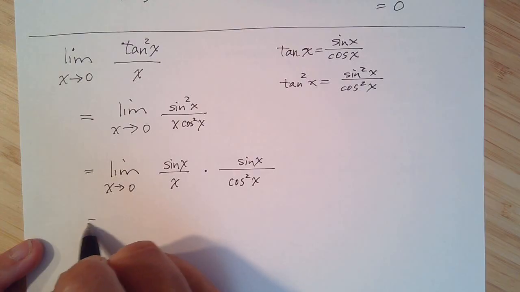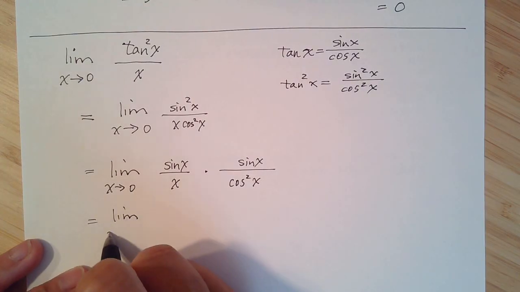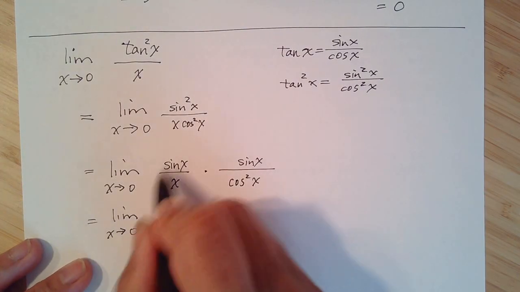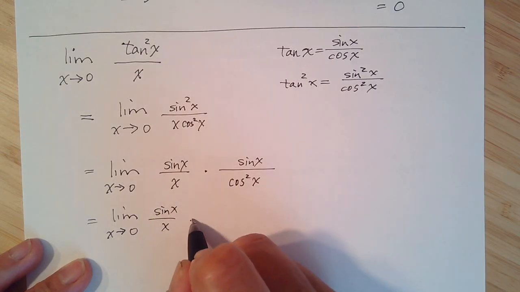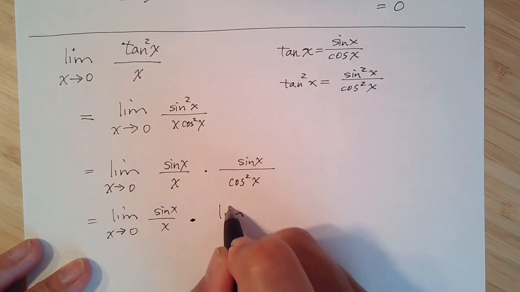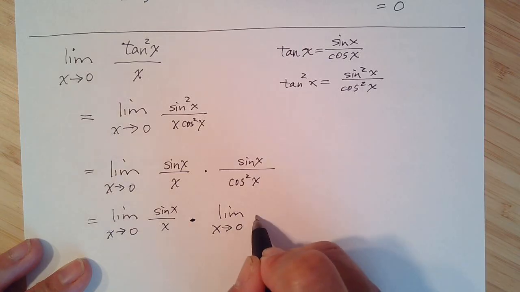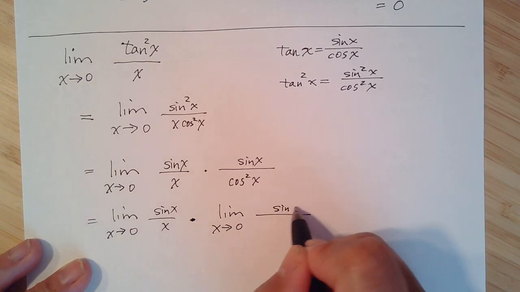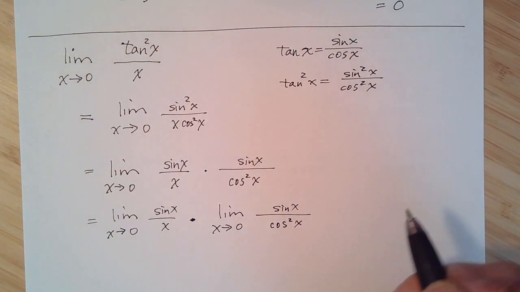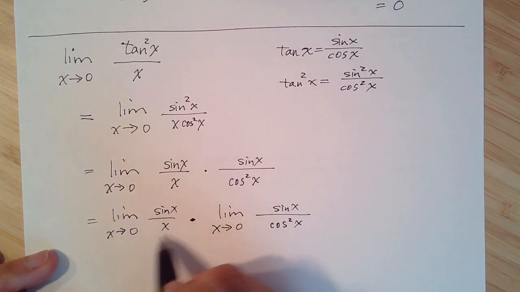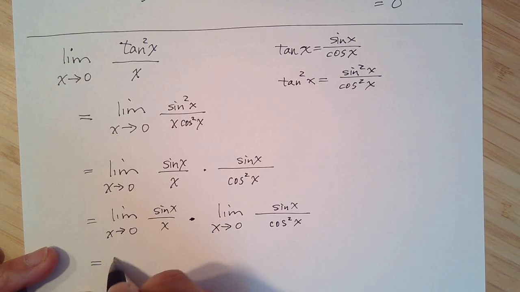So that will be the limit as x approaches 0 of sine x over x, multiplied by the limit as x approaches 0 of sine x over cosine square x. Now when x approaches 0, this one we have the theorem, so that's 1.